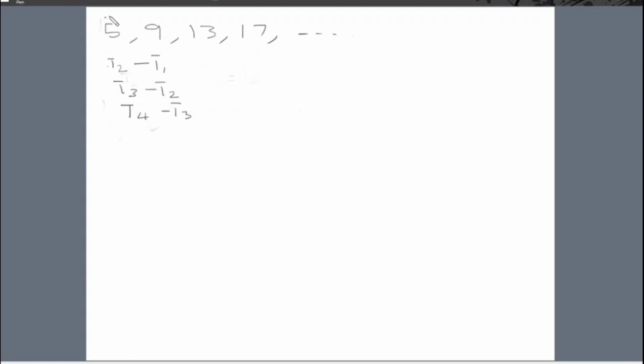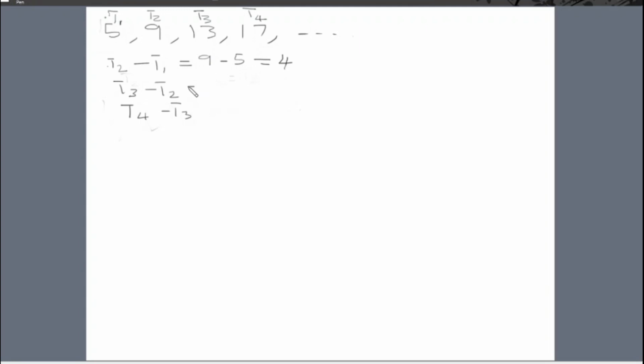Right, this is T1, this is T2, this is T3, this is T4. What is T2 minus T1? T2 is 9, T1 is 5. So the common difference is 9 minus 5, that's 4.